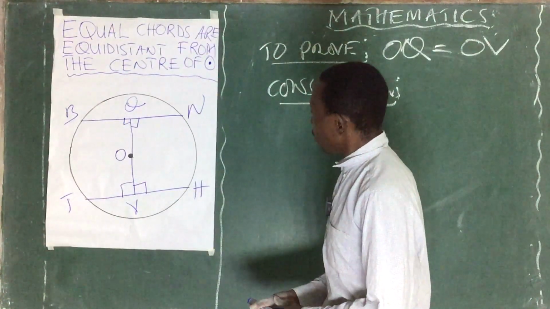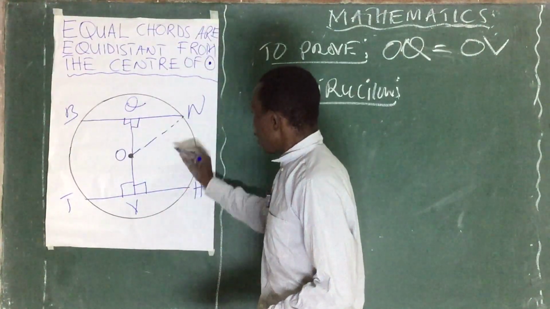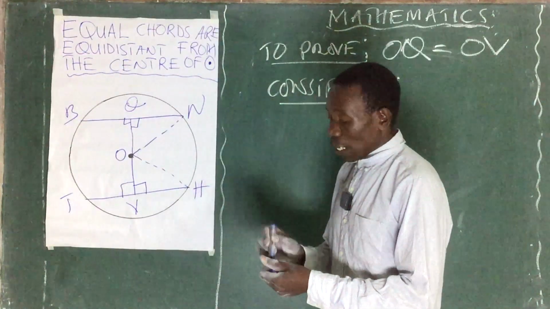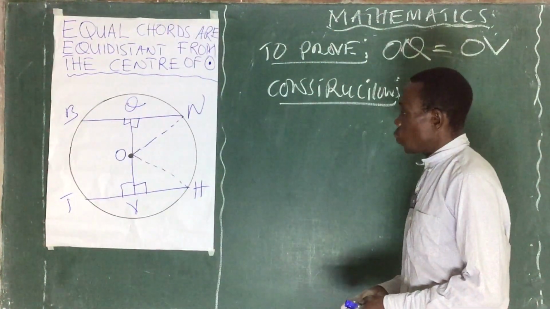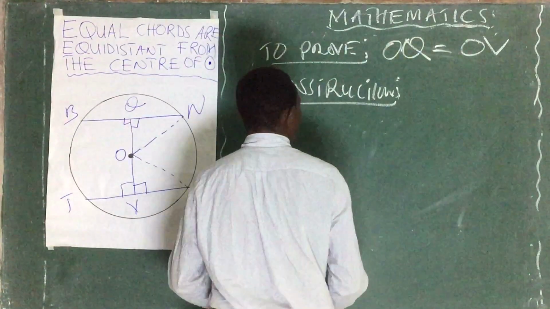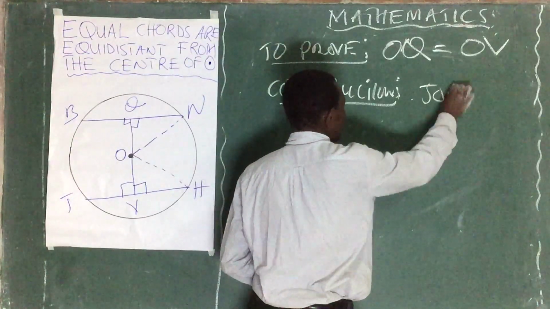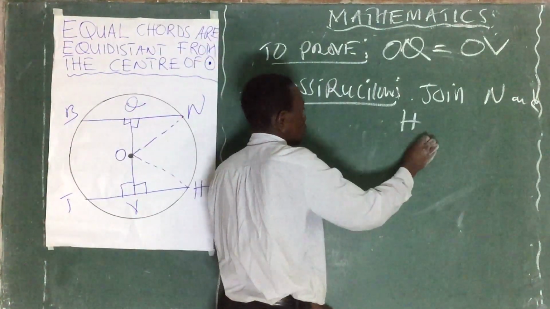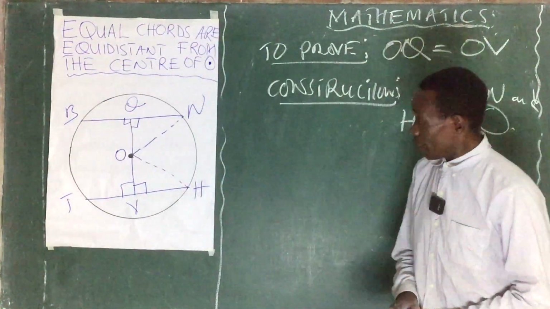Like here, I may choose to have O connected to N to form a radius and O connected to H to form a radius. So here we have H joined to O and also N joined to O, so that we have two radii.